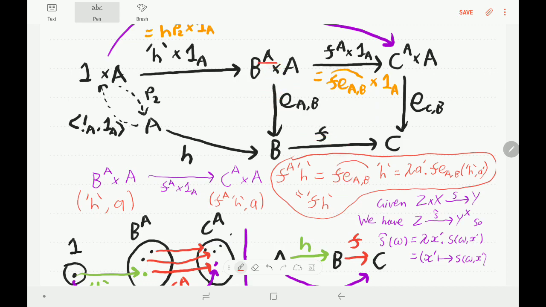So it's going to take in an h dash and an element of a. And so we look at this formula and we go, okay, the second entry is the element of a. That's the thing that we want to change into something ready to feed in.